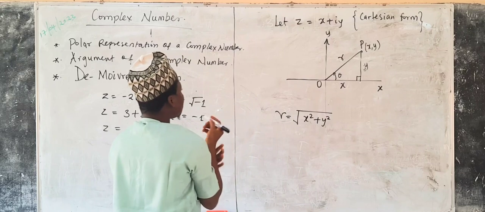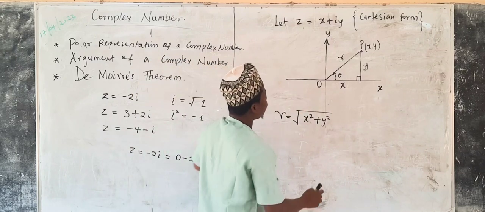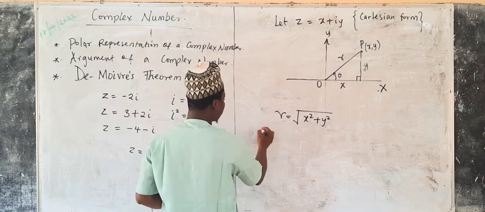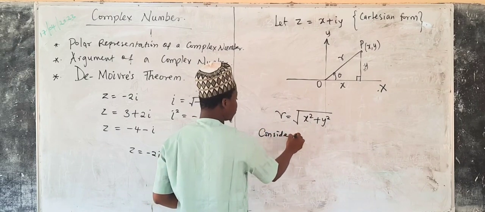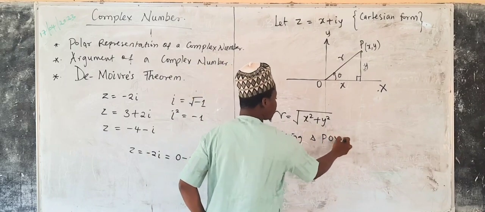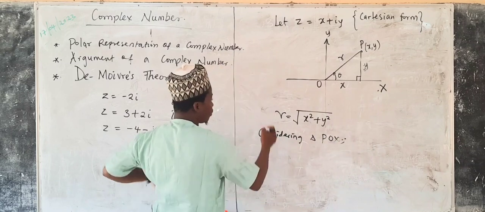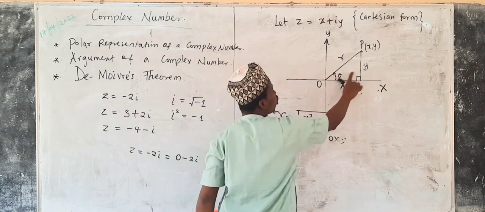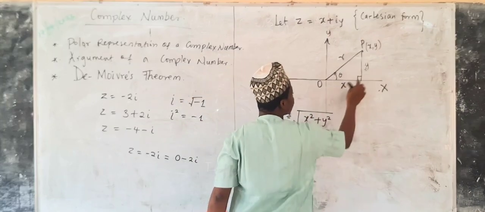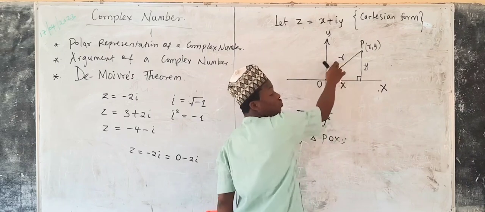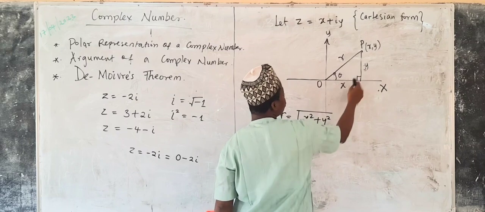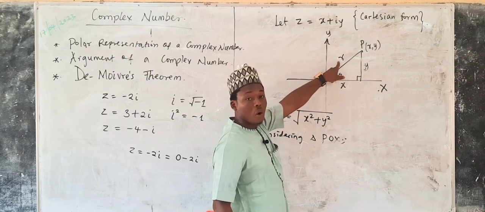Now, considering triangle POX, this is opposite over adjacent, and this is adjacent over hypotenuse. Our unknowns here are x and y, but we have our r already.